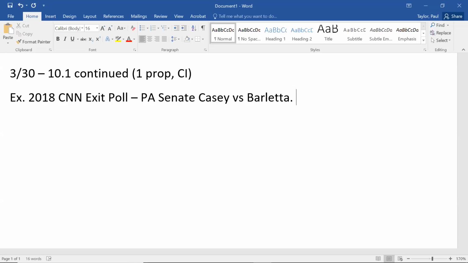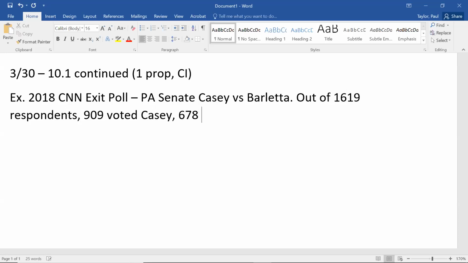So when the people in Pennsylvania were asked Bob Casey versus Lou Barletta, out of 1,619 respondents, so those are people in Pennsylvania who gave answers to the poll, 909 voted for Casey, 678 voted for Barletta, and then there were 32 more who either voted for somebody else, or they chose not to answer that particular question.